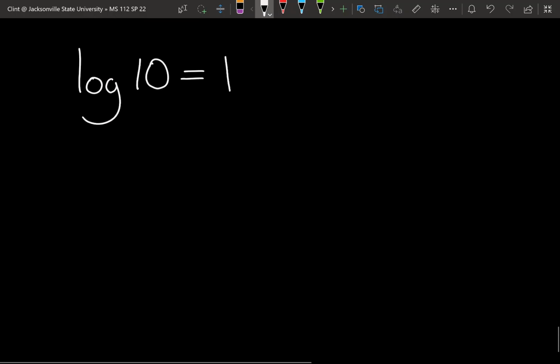And then with our other special one, natural log, again, it's a little easy to forget, but the base of the natural log is e. So if we have ln of e, the base of the natural log and the e that's inside the natural log match, that's going to be 1.